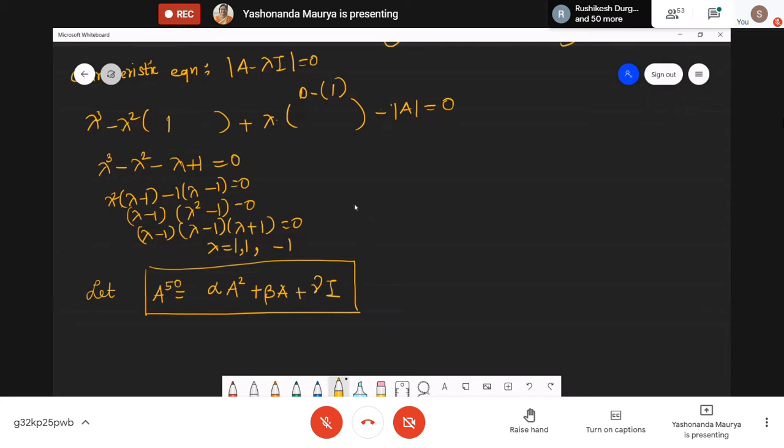Why are we writing this now? Because over here, we are going to apply the Cayley-Hamilton theorem. So according to that, what will happen is A raised to 50 will be same as A cube minus A square minus A plus identity.